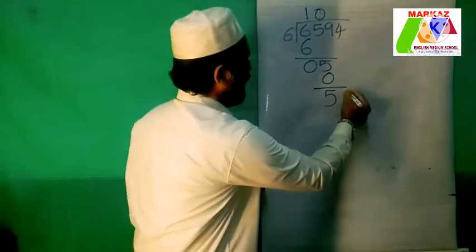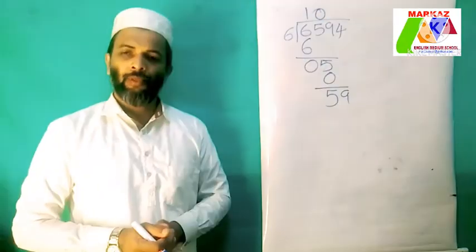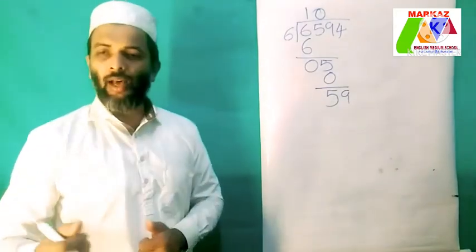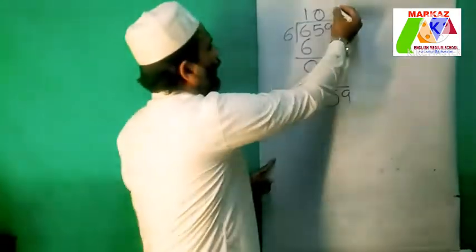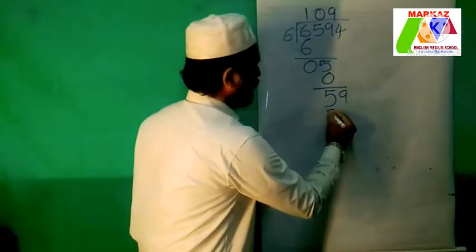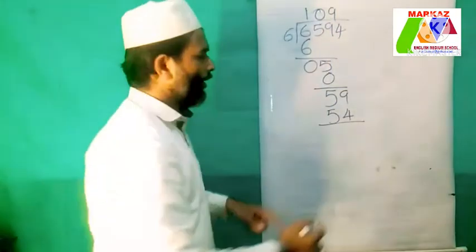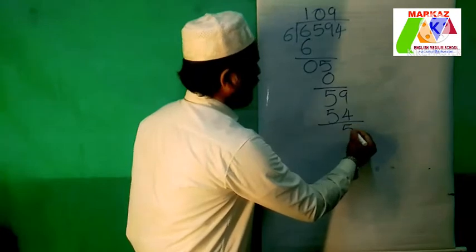It is 9. How many 6 in 59? 9 times 6 are 54. So, 9 times. Then multiply 9 into 6, 54. Subtract 54 from 59. Answer is 5.